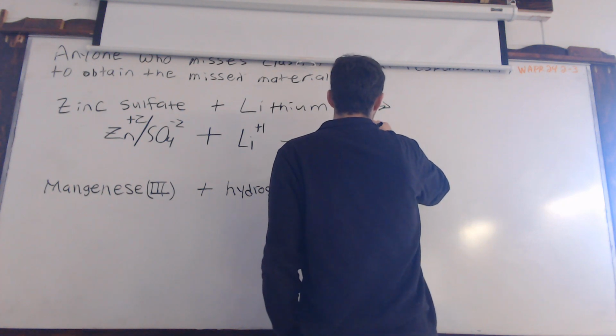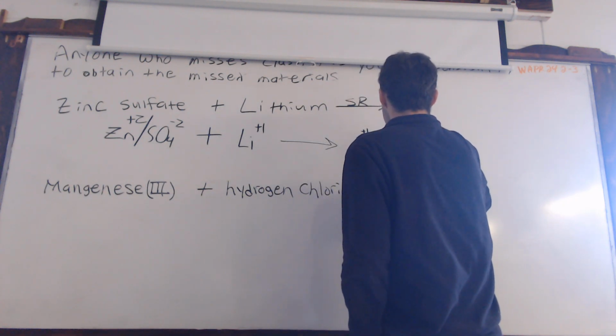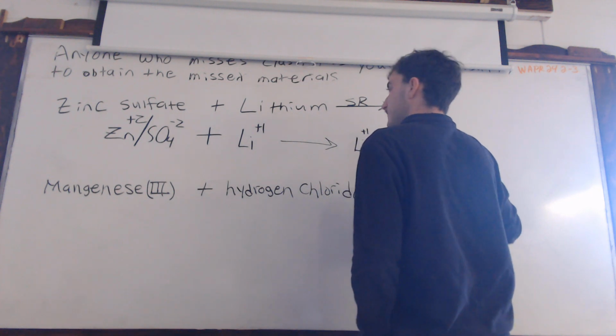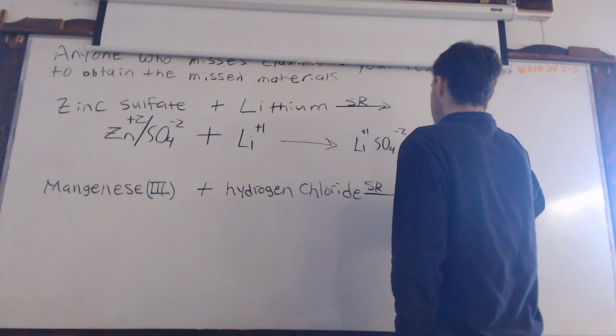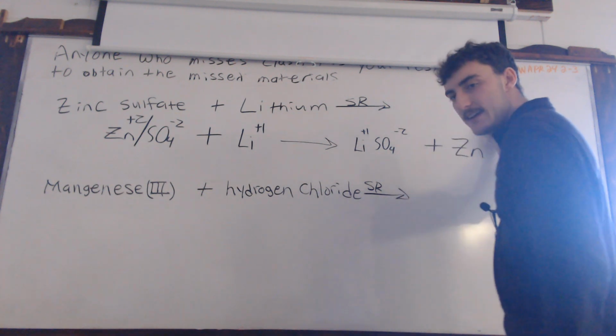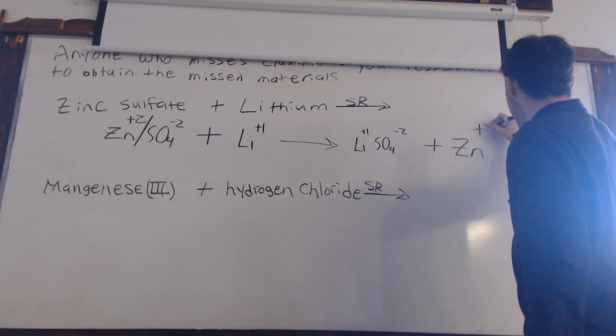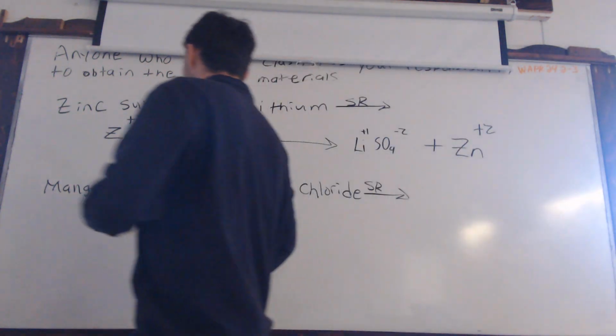So we have Li, which is a +1. Then we have a sulfate, SO4, which is a -2. And let's bring over our zinc. We don't need to know it's a +2 over here, but I'll put it down just so we stay consistent.